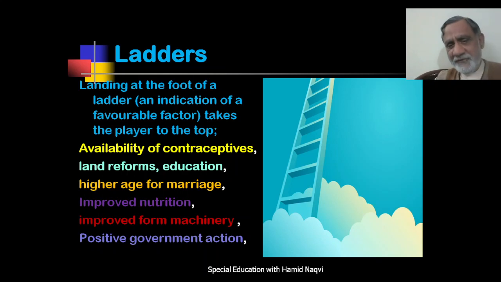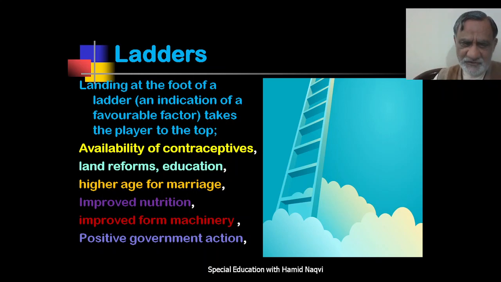Higher age for marriages. The fixed line for us in Pakistan is 18. The maximum time they can push it back is good from the population point of view.